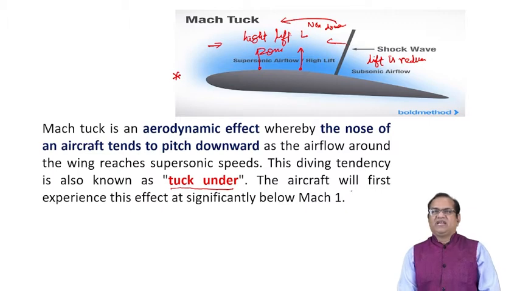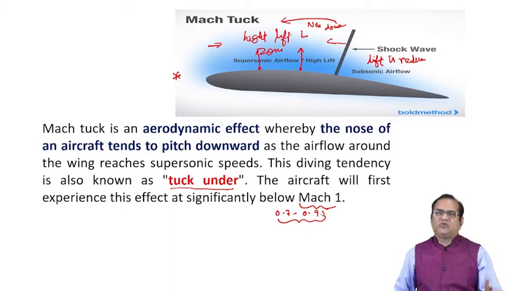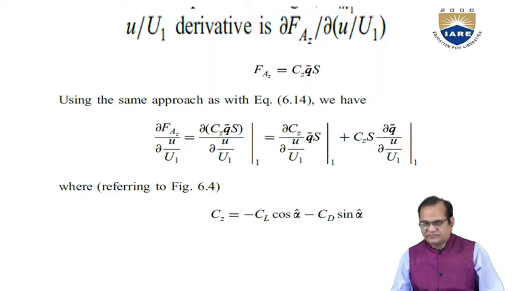The aircraft will experience this effect significantly below Mach 1. So with critical Mach number 0.7 to 0.95, you will experience this problem. And if it is very high, like M2, this will be further avoided.